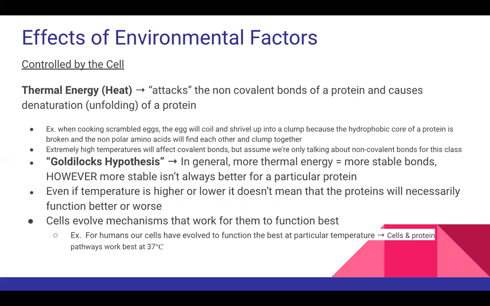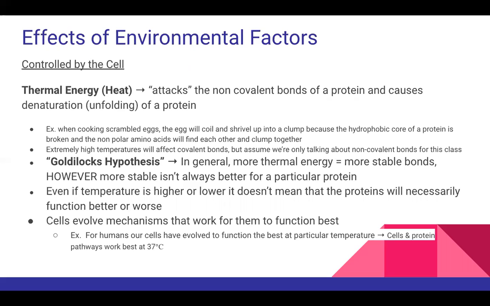When you cook scrambled eggs, the egg will coil and shrivel up into a clump because the hydrophobic core is broken and nonpolar amino acids scramble around and find each other. Extremely high temperatures can affect covalent bonds, but like I said earlier, we're just going to focus on the non-covalent bonds in this class.